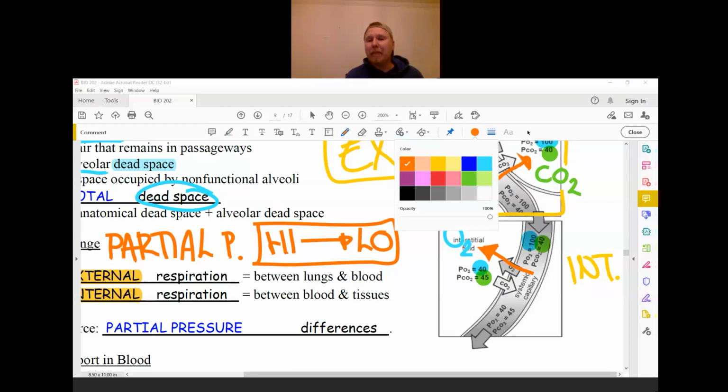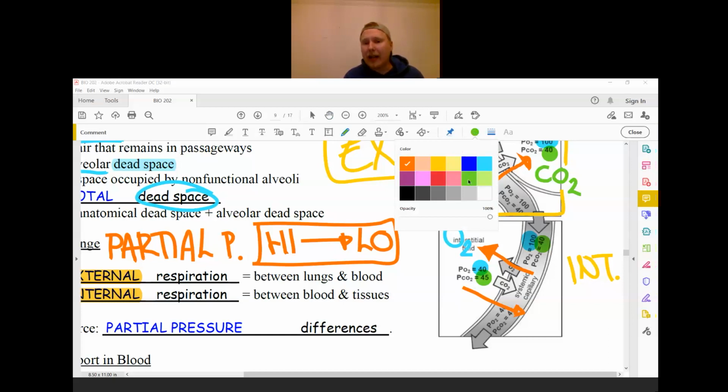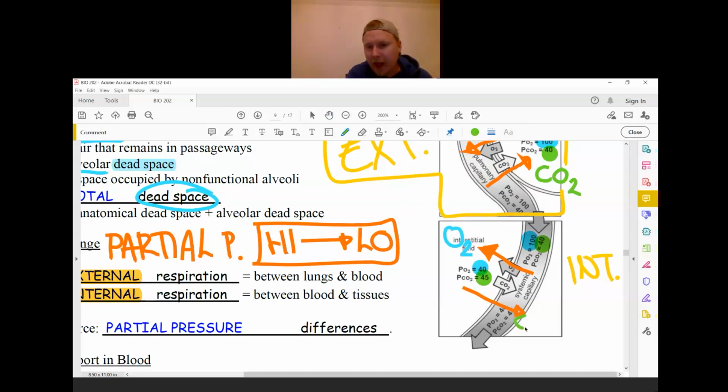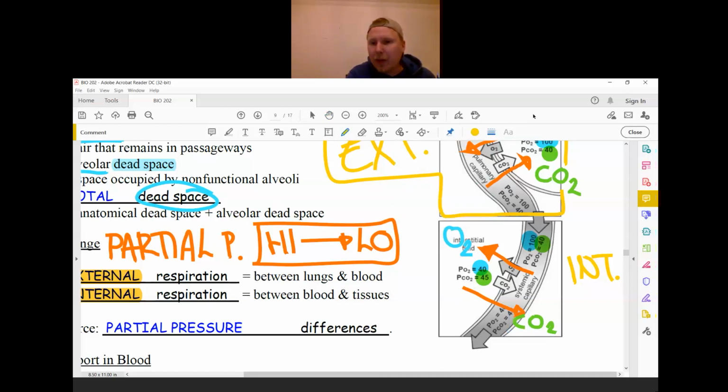So we remember the movement was from areas of high concentration to the areas of low concentration, which means in this case that the carbon dioxide will be moving from the tissues or from the interstitial fluid to the capillaries of the systemic circulation. And that review provided us a description of the internal gas exchange.